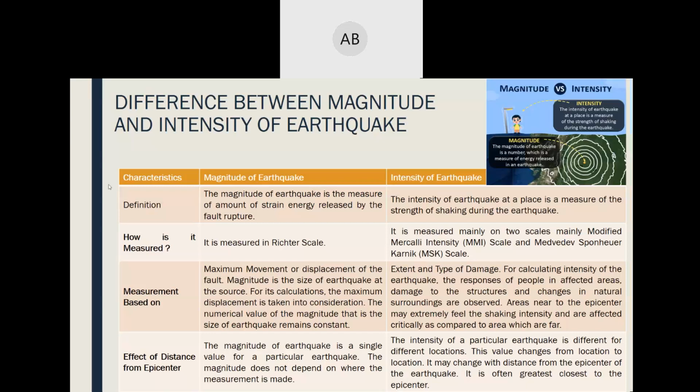By definition, magnitude is the measure of the amount of strain energy released by the fault rupture. Whatever the reason the energy is released, it is the absolute measurement of the energy. On the other hand, the intensity of the earthquake at a place is a measure of the strength of shaking during the earthquake.